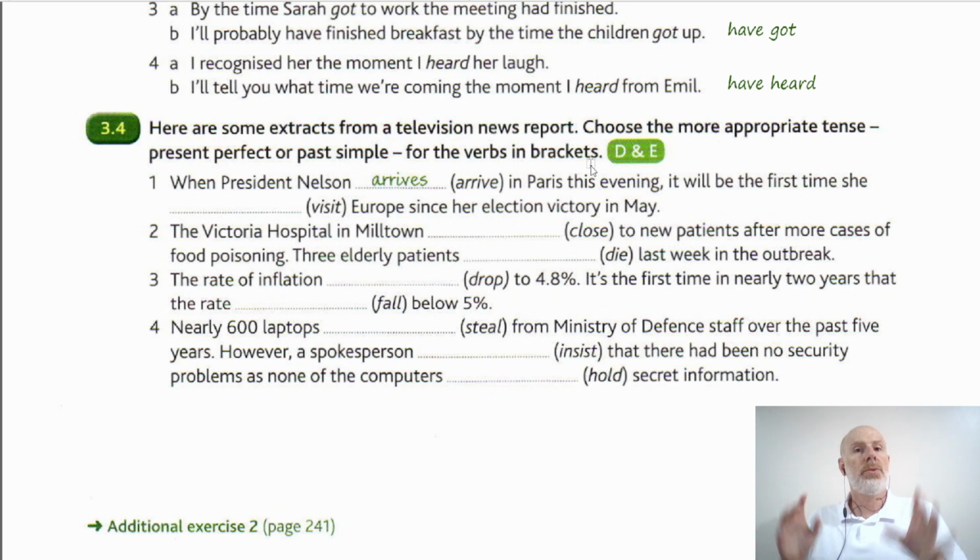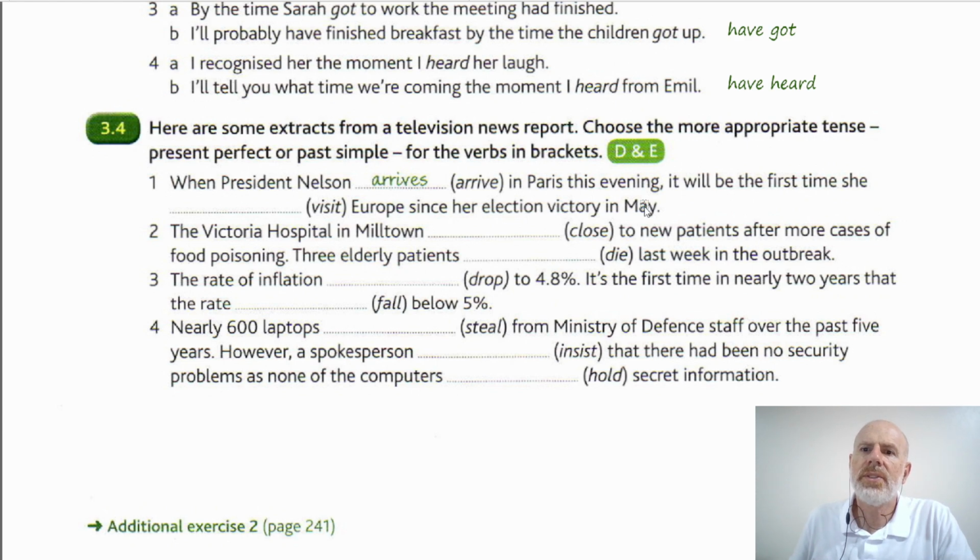Remember, we usually bring the topic in present perfect and give details in past simple. When President Nelson arrives in Paris this evening, present simple to talk about the future, right?